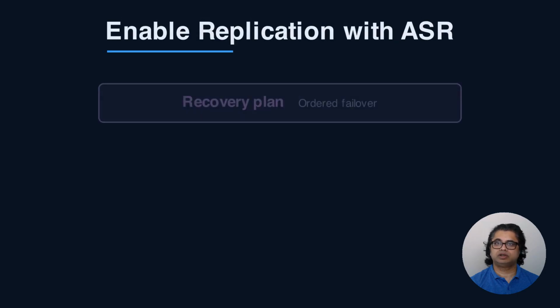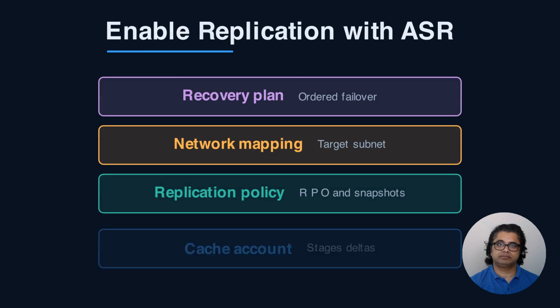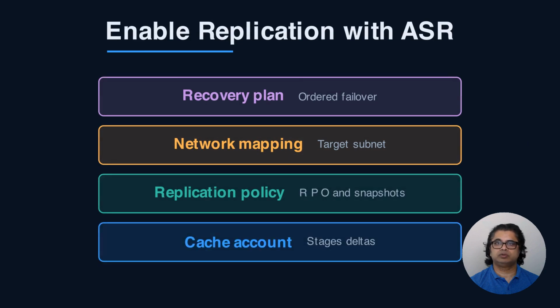Step 3. Turn on Site Recovery for the same VM. From the vault, choose the source region, the VMs, and the target region. ASR provisions a cache storage account in the source region to stage replication data, then creates the target resources, a replica managed disk, and a recovery network mapping so the failed-over VM lands on the right virtual network and subnet.